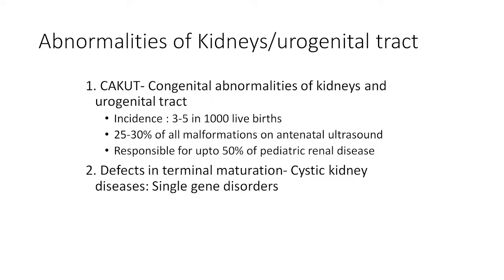Commonly it is called CAKUT, and the incidence is 3 to 5 in 1000 live births. So, it is not so infrequent, every 3rd to 5th individual among 200 will have the disease, and these malformations can be detected by ultrasound in the developing fetus in the womb in 25 to 30% of the cases.